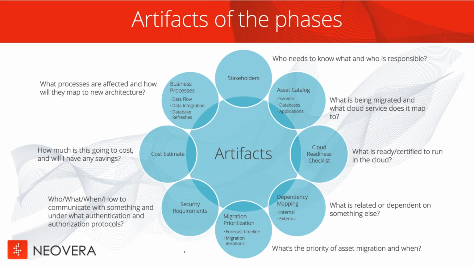Are you going to integrate with your Microsoft Active Directory? Are you going to be able to accommodate additional protocols for API keys and things like applications being able to connect using encrypted wallets and things like that? So all of that, you need to know what the requirements are.